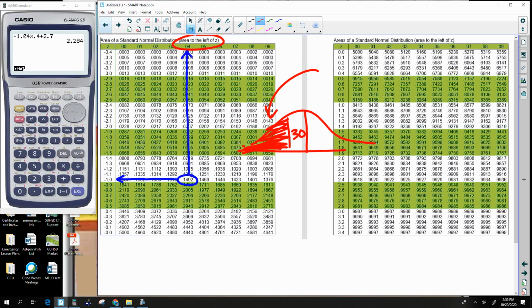Again, what you have to understand is that a complete curve is 100%. That means the area from the middle over is 50%. So if you want this chunk to be 30, that implies the area to the left would have to be 20. That's the concept here.